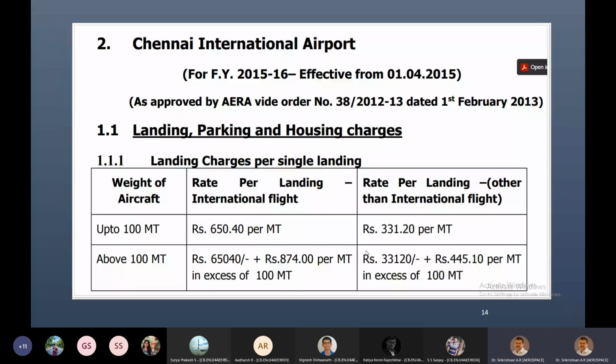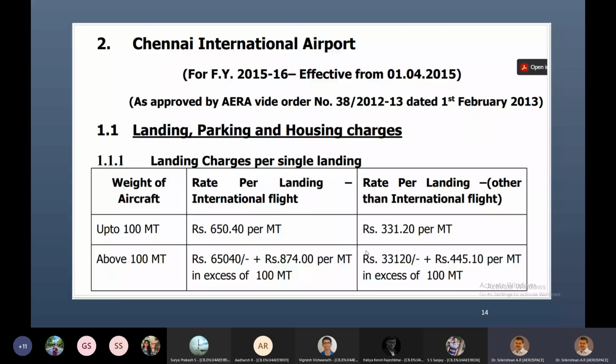As you can see, and it is quite intuitive, the payment is a function of the weight of the aircraft. Larger aircraft have to pay more, smaller will have to pay less. Now, the first column, the title is weight of the aircraft. The second one is rate per landing.